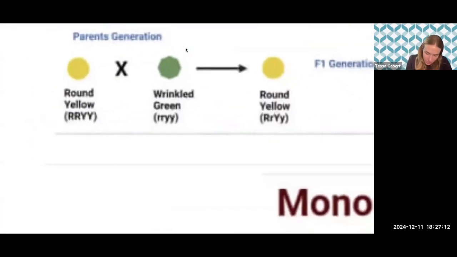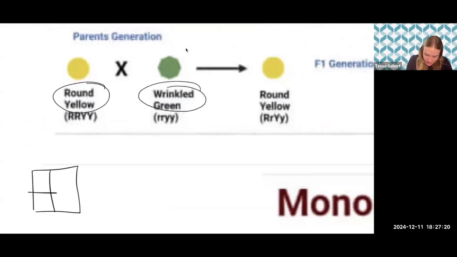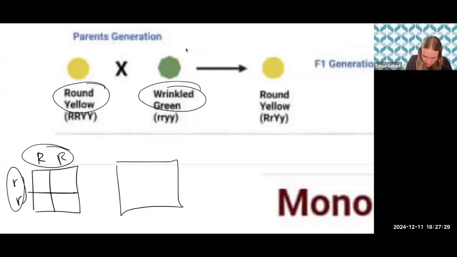So let's go ahead and look at this. If I were to cross a round and yellow seed with a wrinkled and green seed, then these would be the individual crosses I would do. This is for round, this is for wrinkled, and this is for yellow, this is for green.